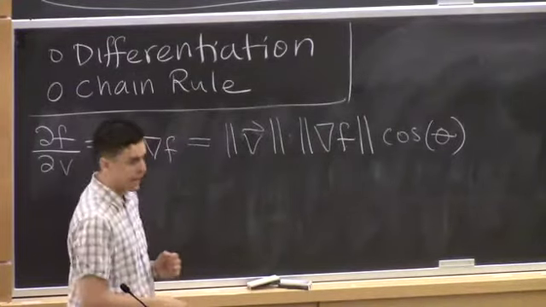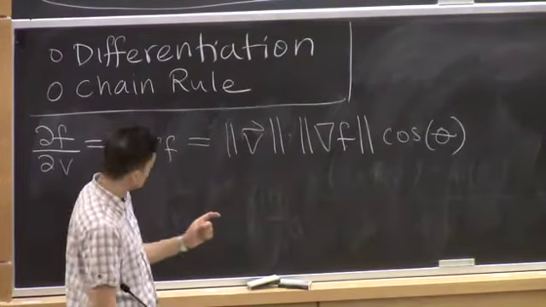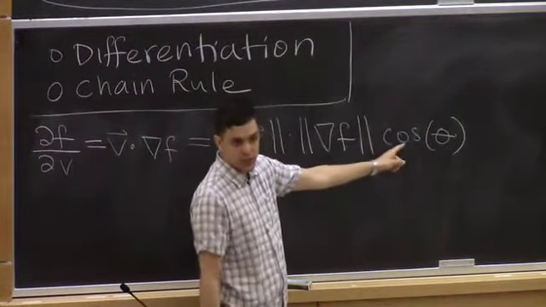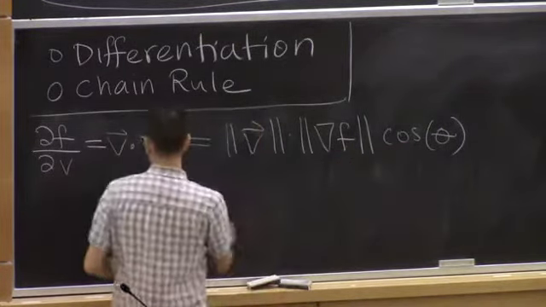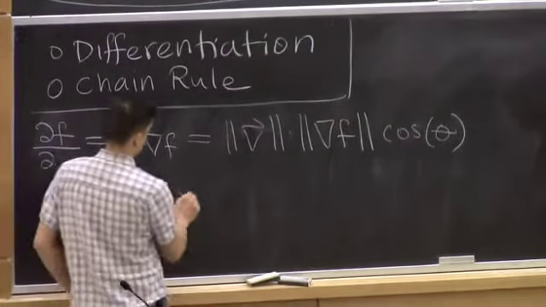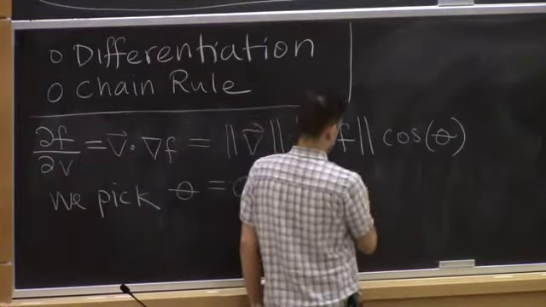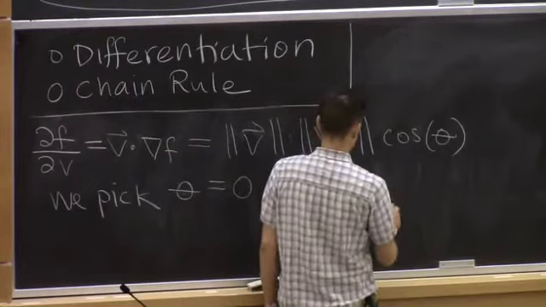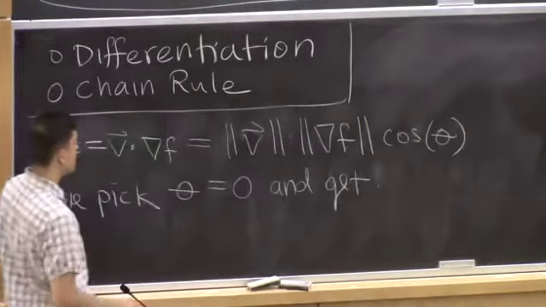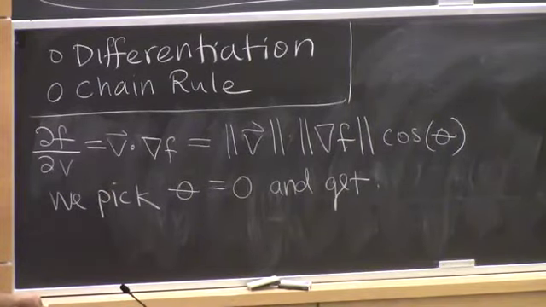So to make this large, we want to make cos as large as possible. So we pick theta equals 0, so that'll make cos large.